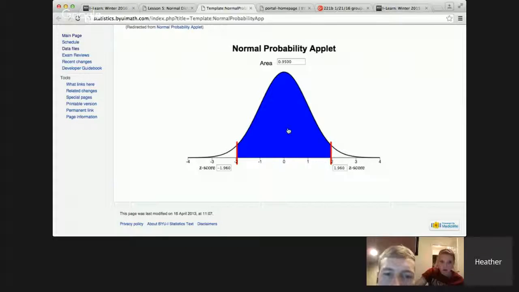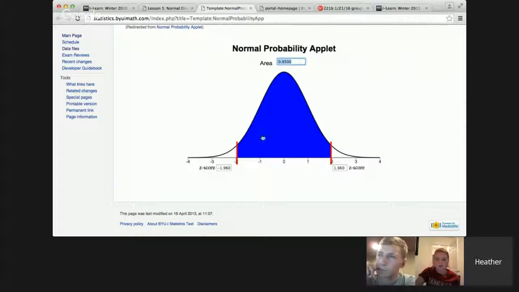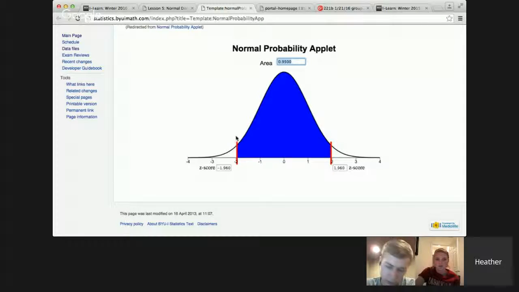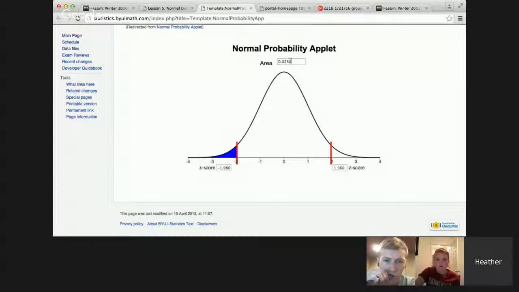Because you're looking at the 95%, which is 2 deviations away, where at 68 it's only 1 deviation away. Because you're trying to find out what's less than what 2 deviations away is, which is this line right here, you just highlight that side, and that will give you your area. Then to turn it into a percentage, you multiply it by 100, which would give you 2.5.